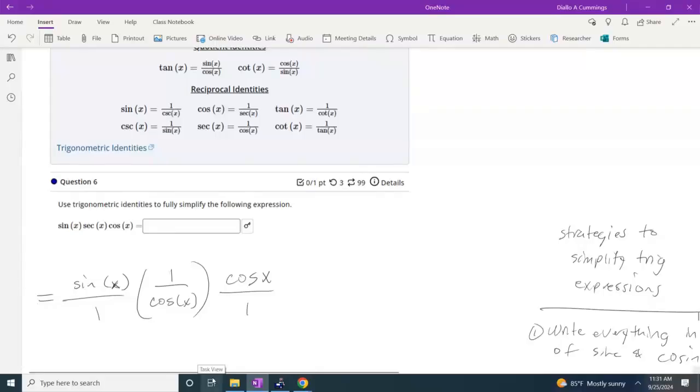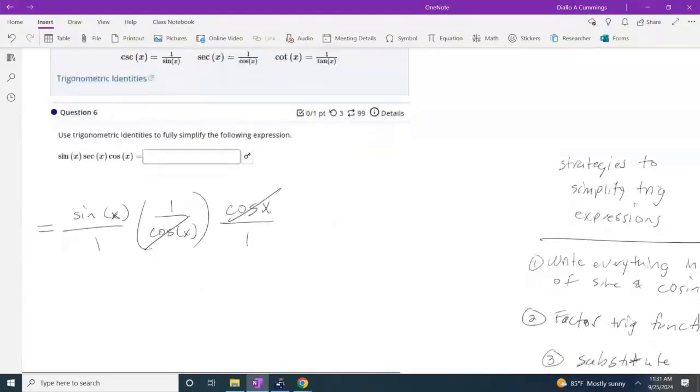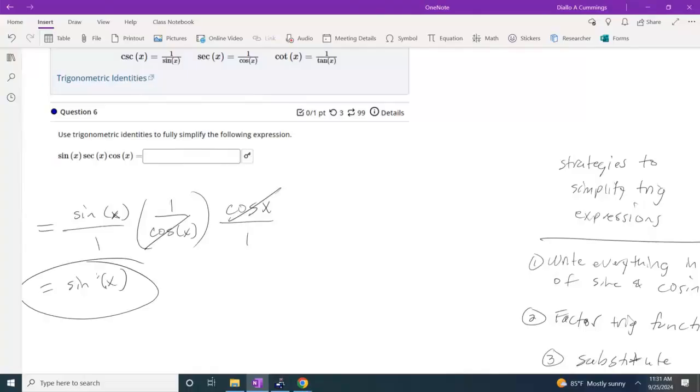So as I look at this, I can actually cross cancel my cosines. And what I'm left with is the sine of x. So we can simplify sine x times secant x times the cosine of x as simply the sine of x.